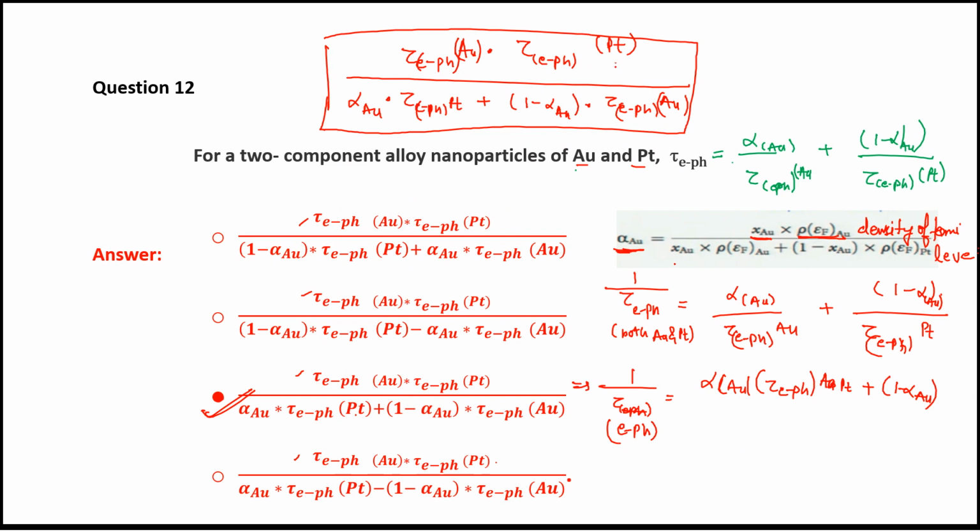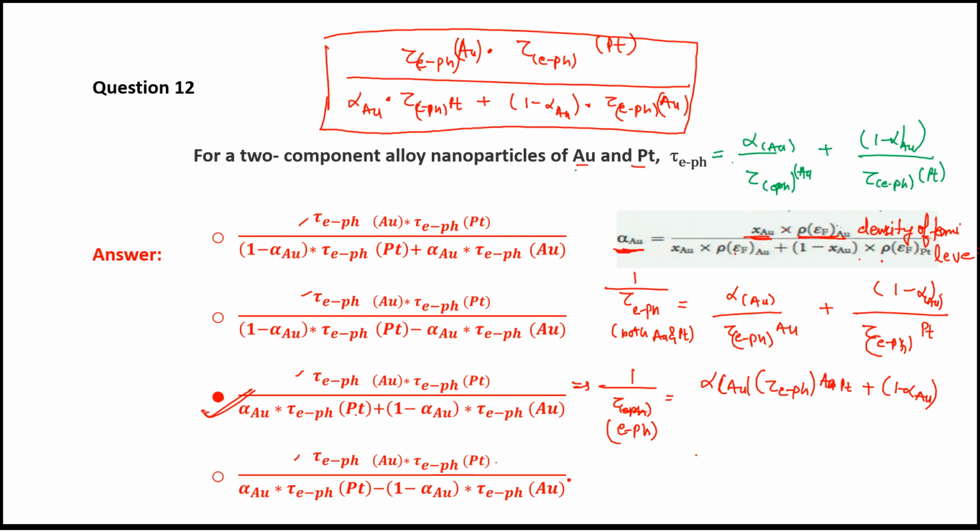From this equation we got to know that if the density of Au is equal to that of Pt, then both the functions will be equal to 1, and what you will get at last is x plus 1 minus x. Both of these will be cancelled, and then alpha will be equal to x Au.